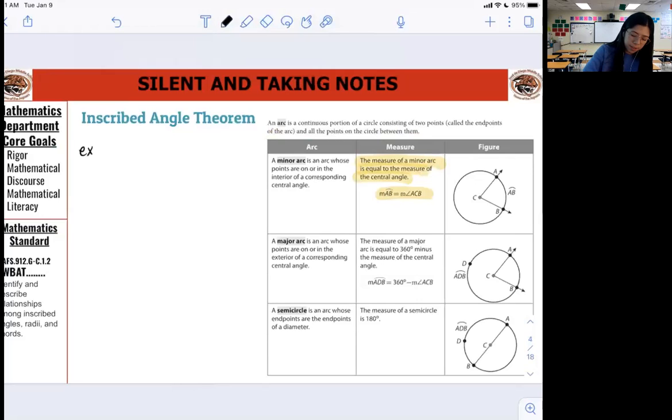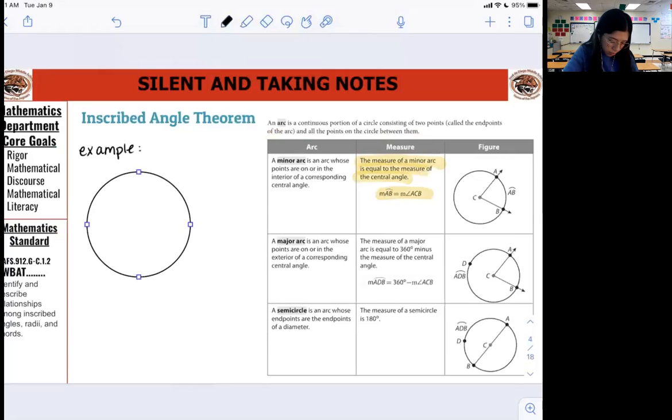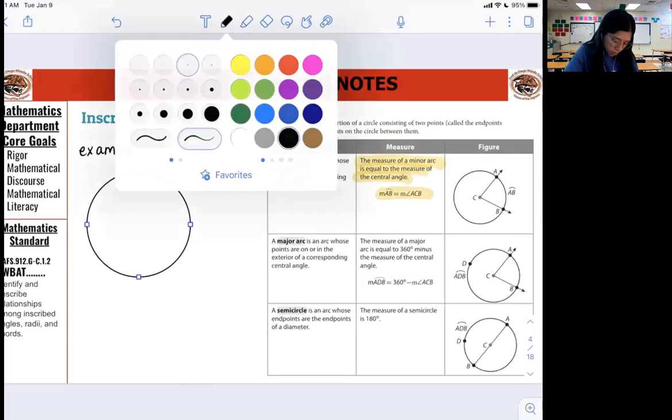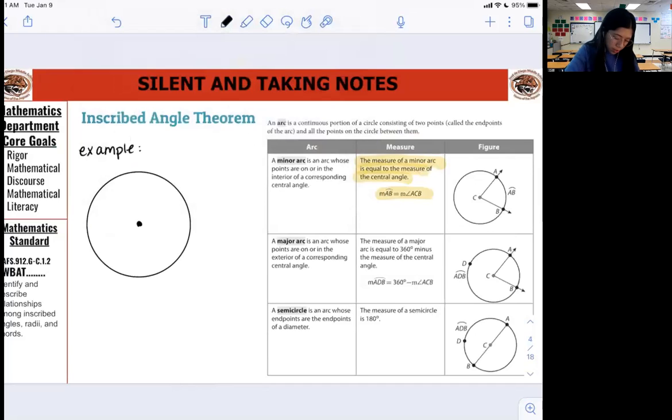So I wanted to give an example. Here's my circle. There's the center. I'm going to call that A. I'm going to call that B. Let's say this is 50 degrees.